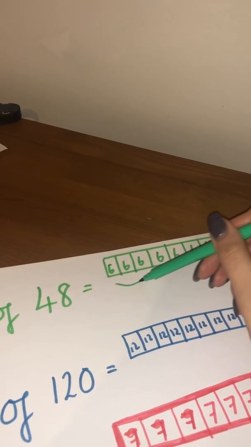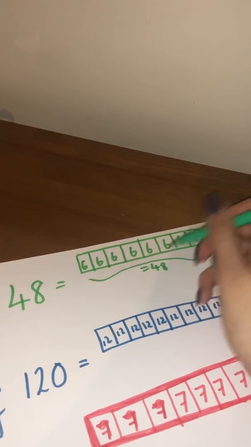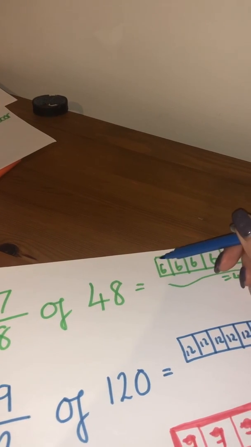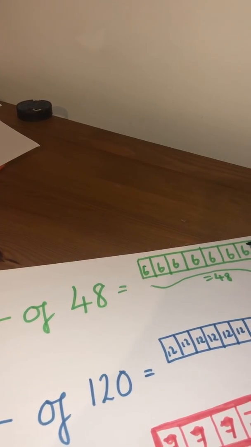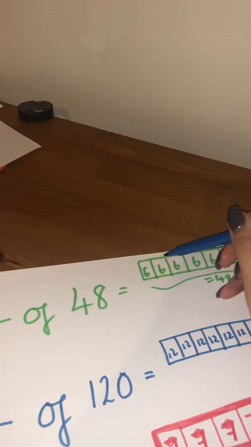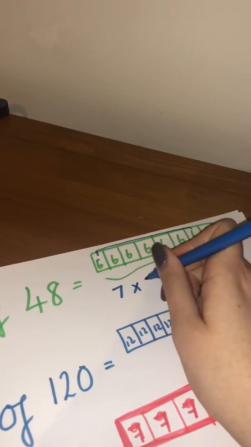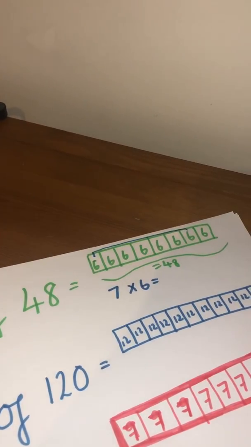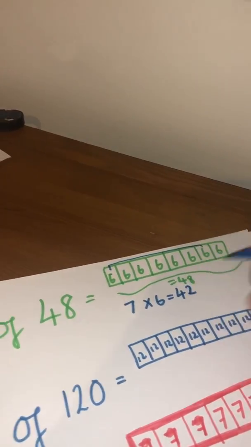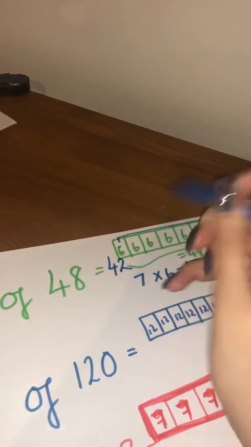My whole bar is 48, but the question asked me for only 7 of those bars. So now I need to work out what 7 times 6 was going to be, and that is 42. Therefore 7/8 of 48 is 42.